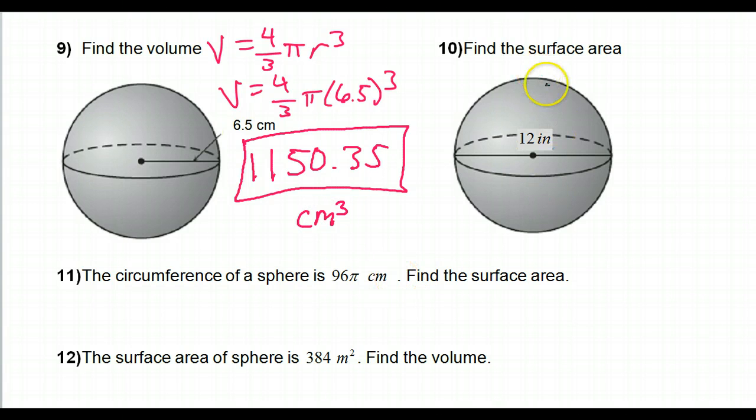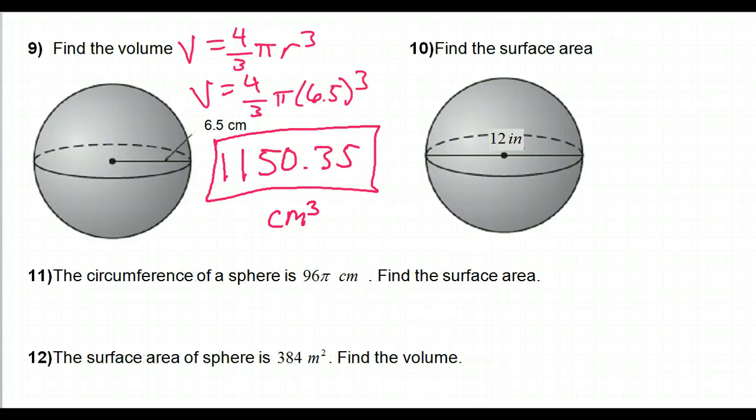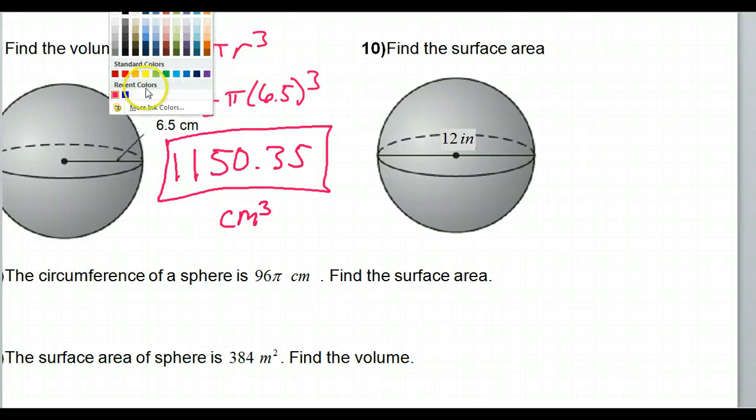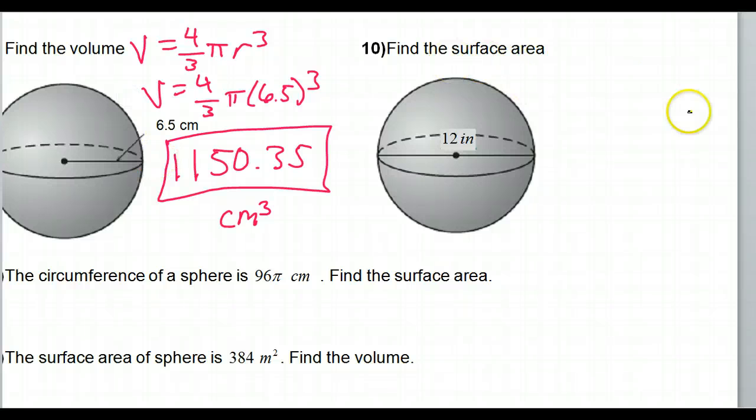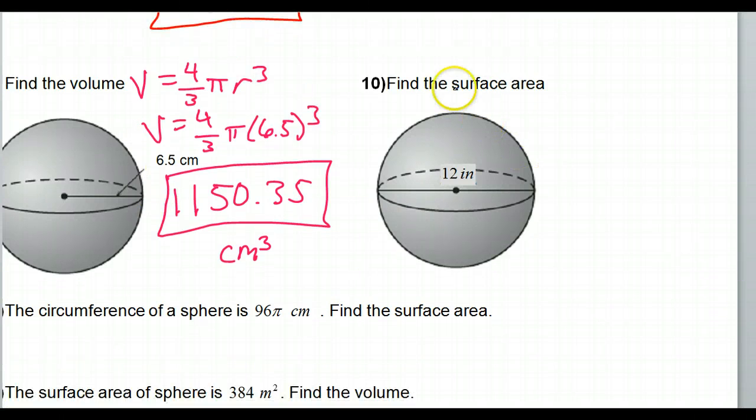Okay. Now surface area. We will be slightly careful, but this is also muy fácil. The formula for surface area of a sphere is 4 pi r squared. So it's sort of like the area of a circle, but it's times 4.